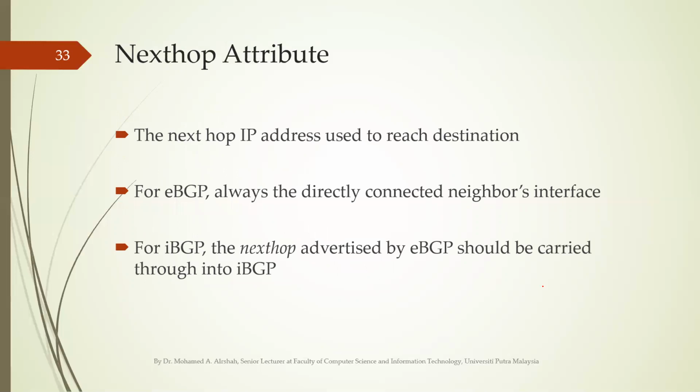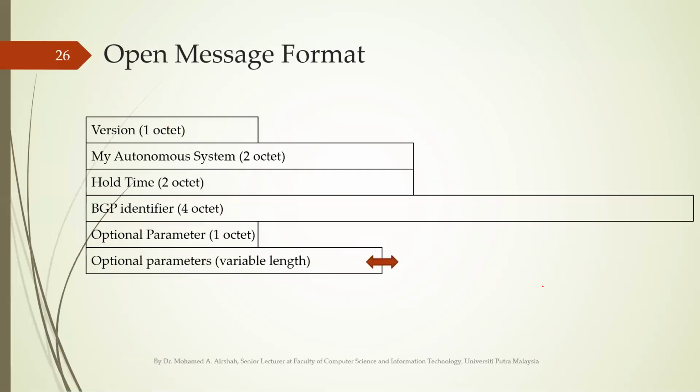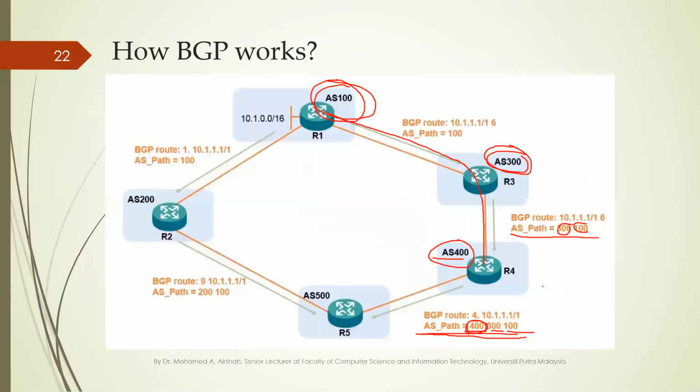Then number 3, next hop attribute. The next hop IP address used to reach the destination. So if, let's say, the next hop is recorded here for this network, it will be the IP address of this physical interface.